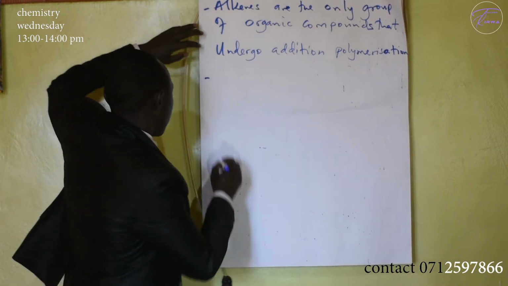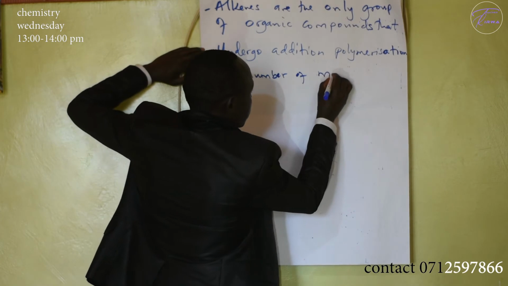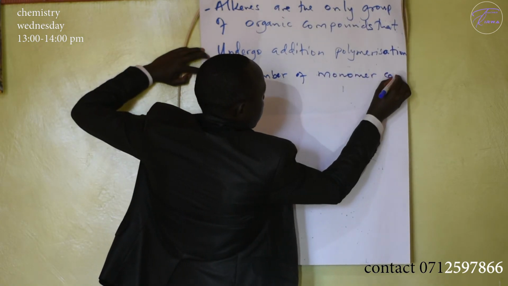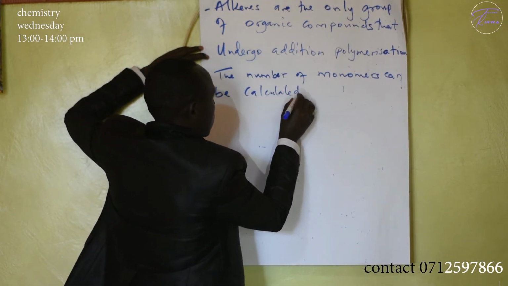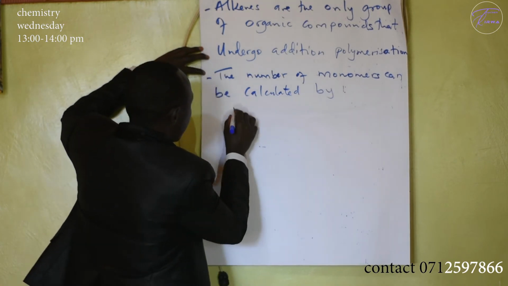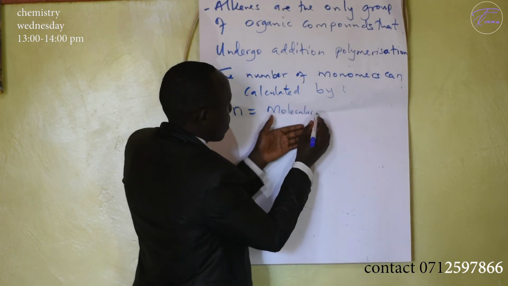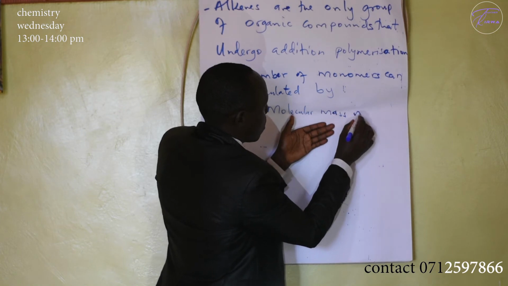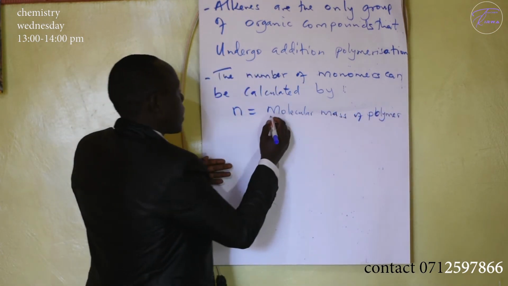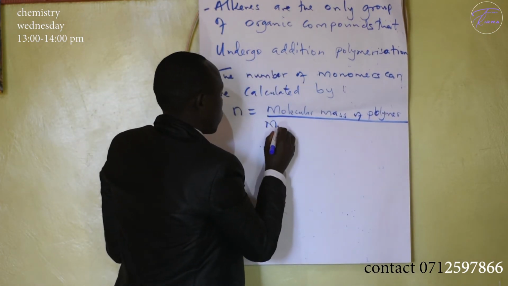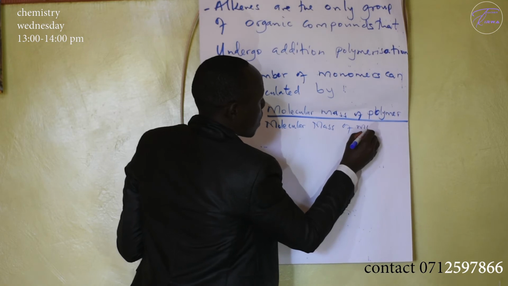Now N, the number of monomers, can be calculated by the formula N is equal to molecular mass of polymer divided by molecular mass of the monomer.